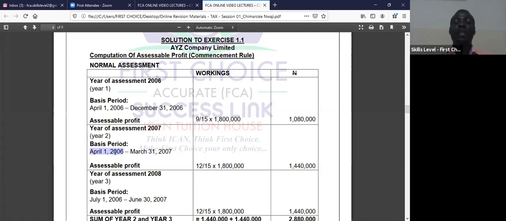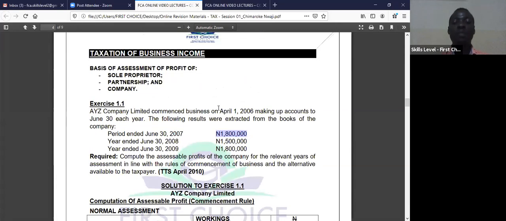When will that year end? If you are getting 12 full months, it is going to end on March 31st, 2007. Now, because we are starting from the date the business started, we are still using this figure. So we have 15 months here, and we started from the beginning.